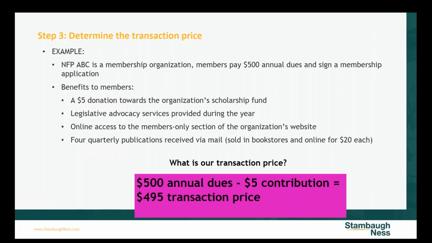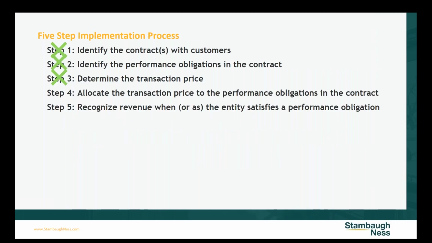And so our transaction price is $495 for this contract related to exchange transactions and the performance obligations that are being exchanged. So we now have our transaction price, we have our exchanges, we know that we've got a contract, so then we go to step 4.